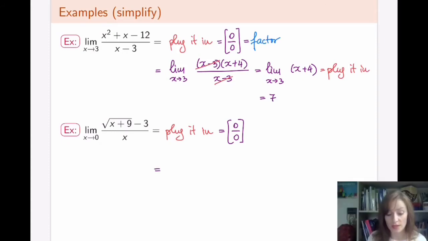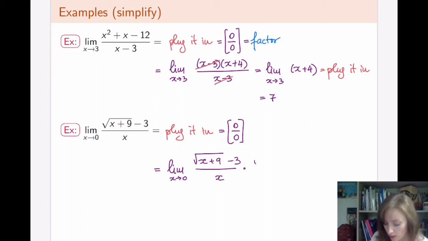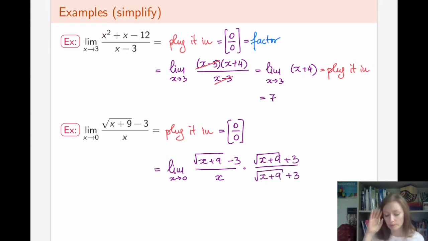So your next expression is actually going to be your original function written out fully, the square root minus 3 all over x, multiplied and divided, again, so as to not change the actual expression, by the function's conjugate. So the exact same thing, but with the plus in the middle.